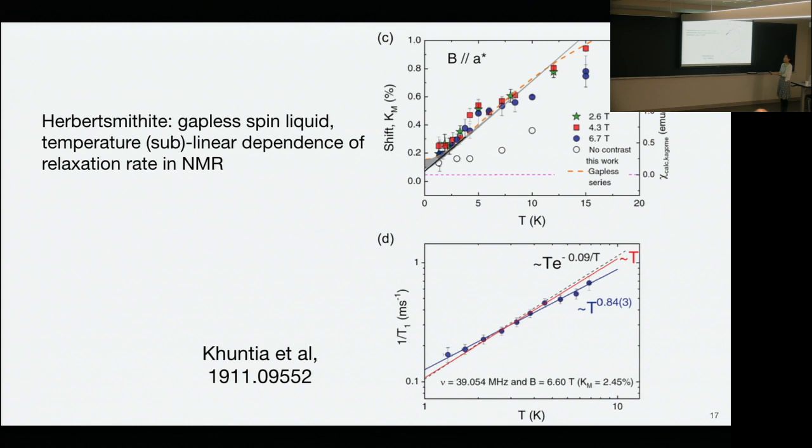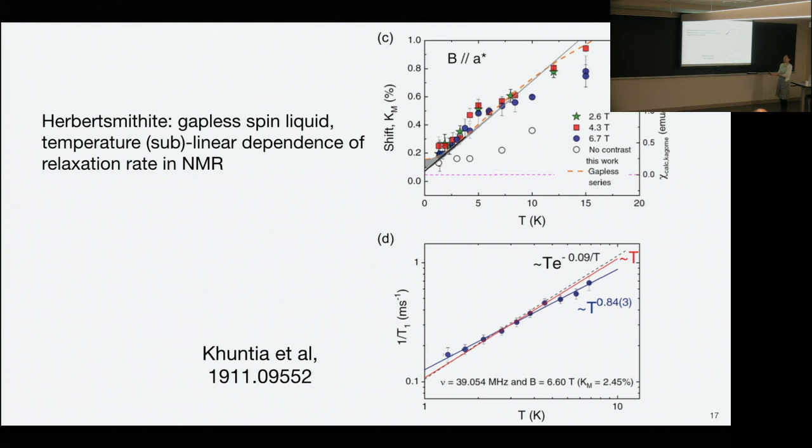And they extrapolate that the spin gap fitted from this data is extremely small, like 9 millikelvin. This kind of clarified the previous debate of whether the Hilbert's mean-site is a gapped spin liquid or not.